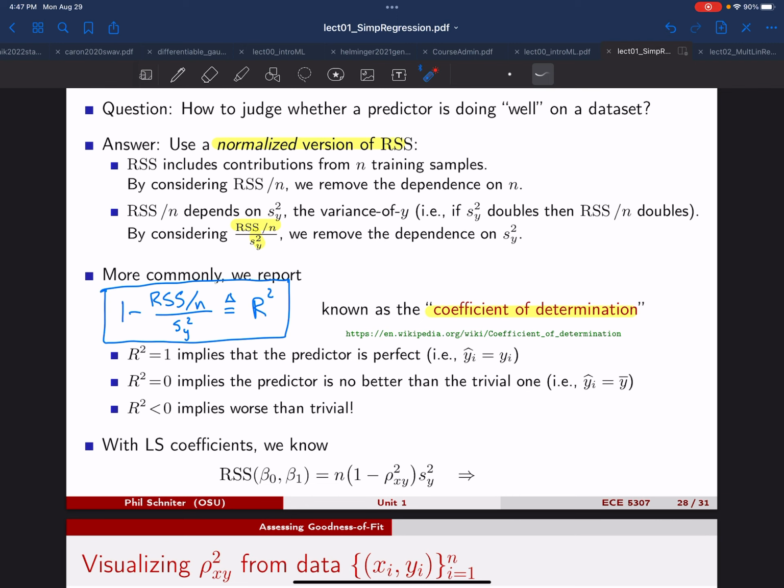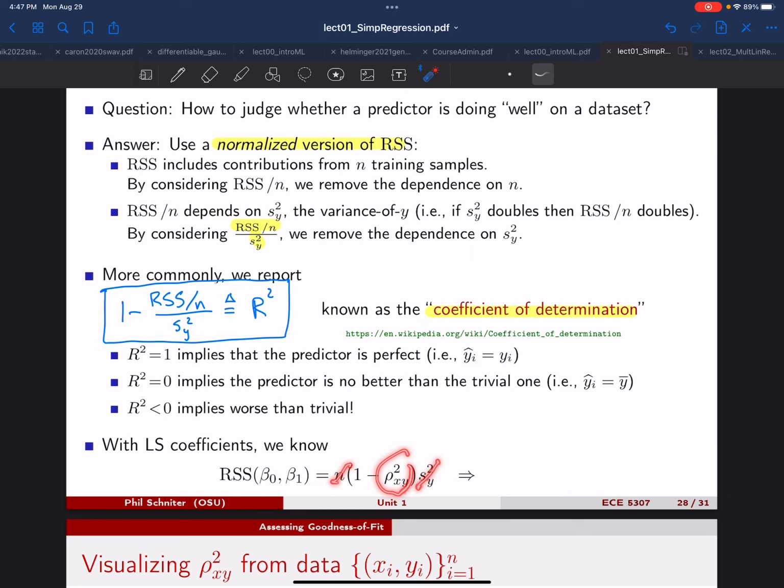Okay. Let's do one last thing. Let's plug in, this is our RSS equation. Let's plug in the least squares coefficients. If we do that, we get this. That's what we derived. And if we plug this expression into here, and you can see we're taking RSS, dividing by n, dividing by s squared y, and taking 1 minus that.